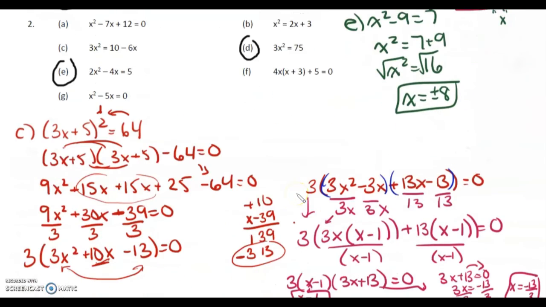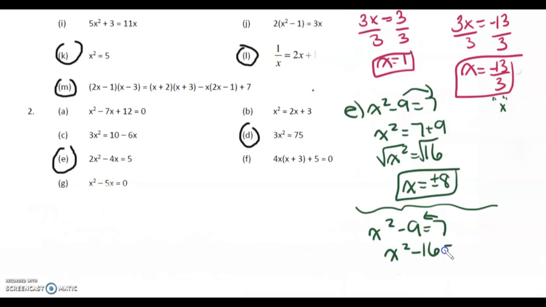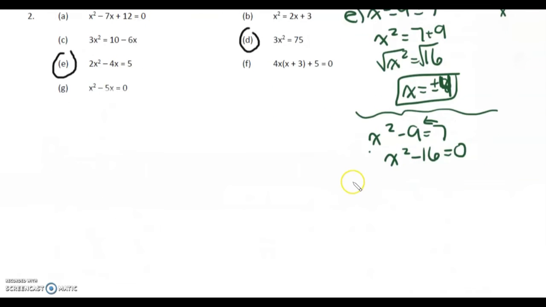Okay, the other way of doing this one is actually by factoring. Again, this approach doesn't fail. X squared minus 9 equals 7. So if you brought this over, we'd have an x squared minus 16 equals 0. Oh, I'm sorry, this was 4. Root 16 is 4.